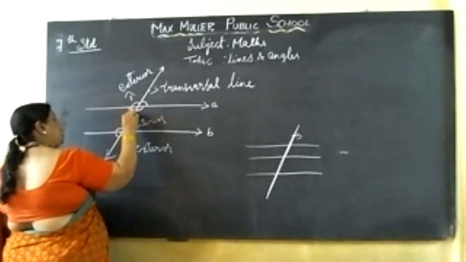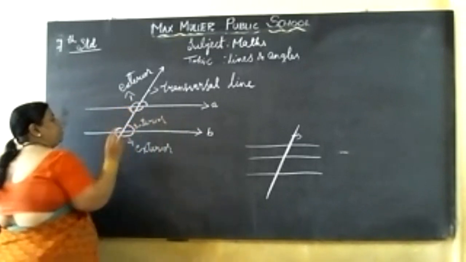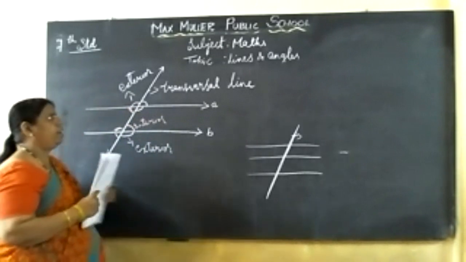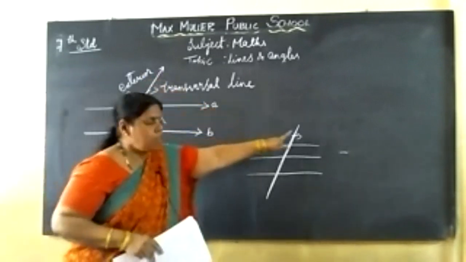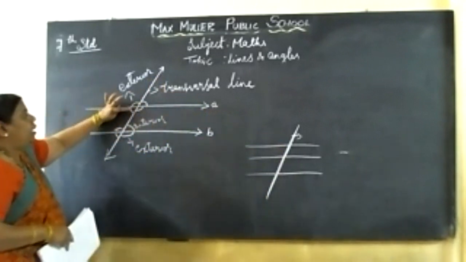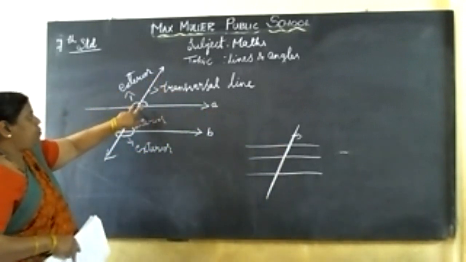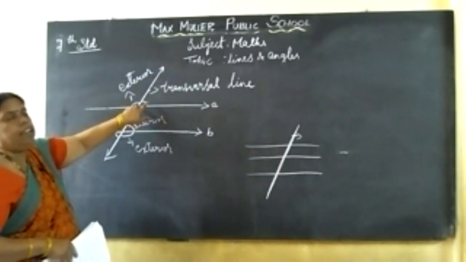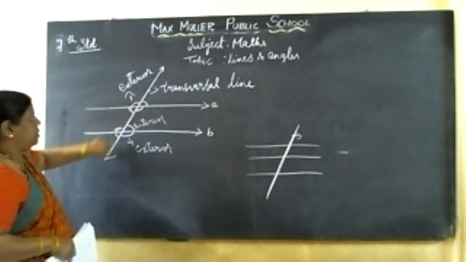This also is an interior angle. Are you understanding? This line which passes is a transversal line, and the angles framed outside the line of the parallel line is where it intersects.